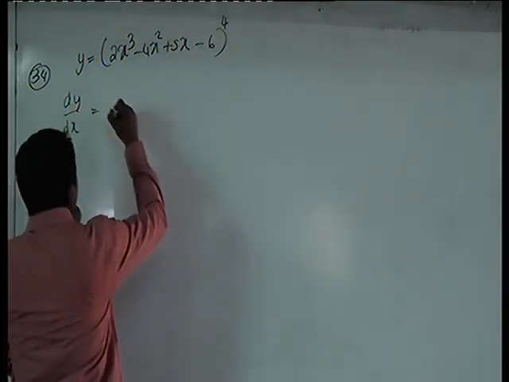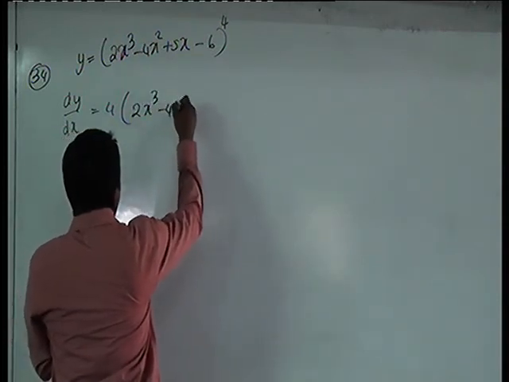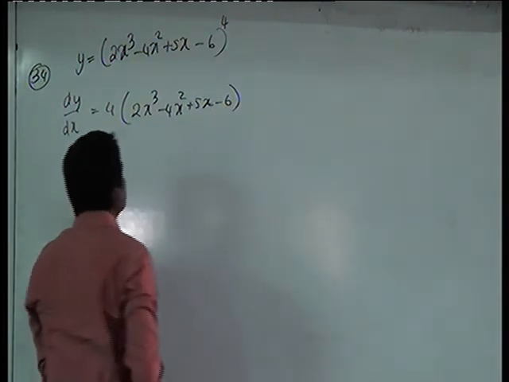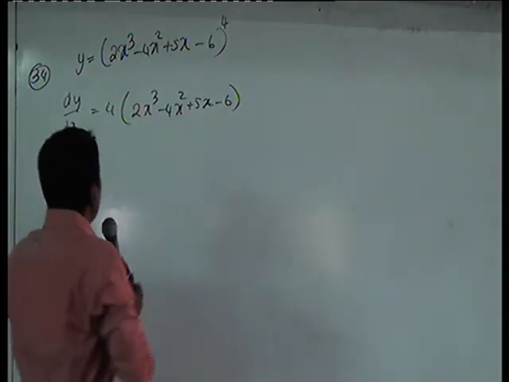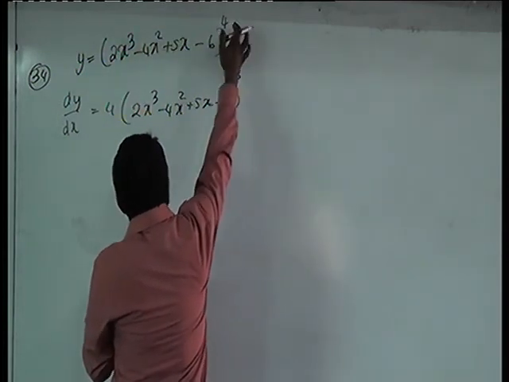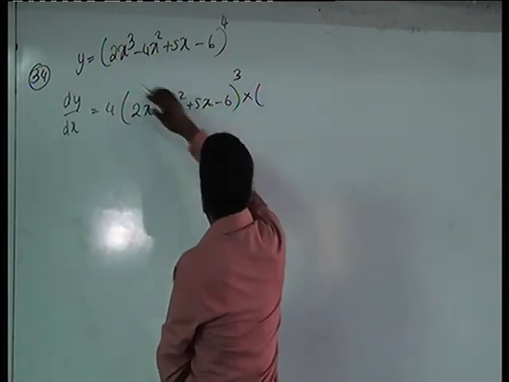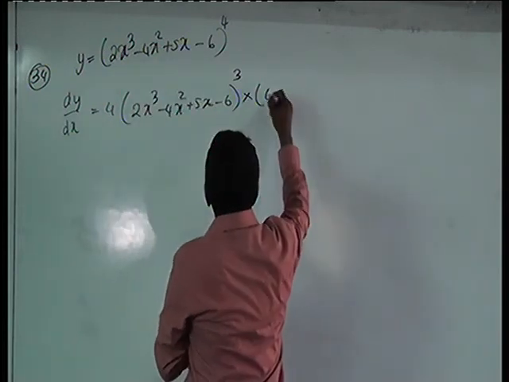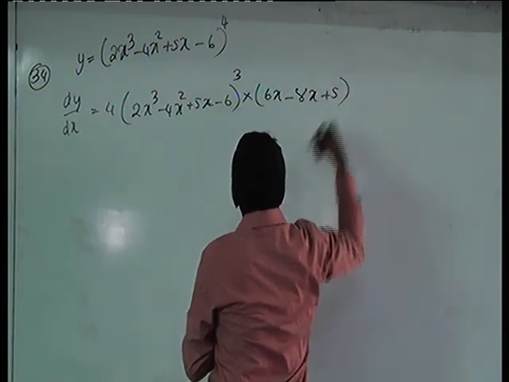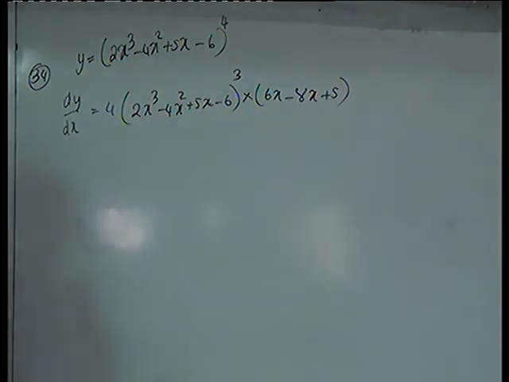So this is 4 times 2x cubed minus 4x squared plus 5x minus 6 to the power 3, multiplied by the differentiation of the inside function, that is 6x squared minus 8x plus 5.